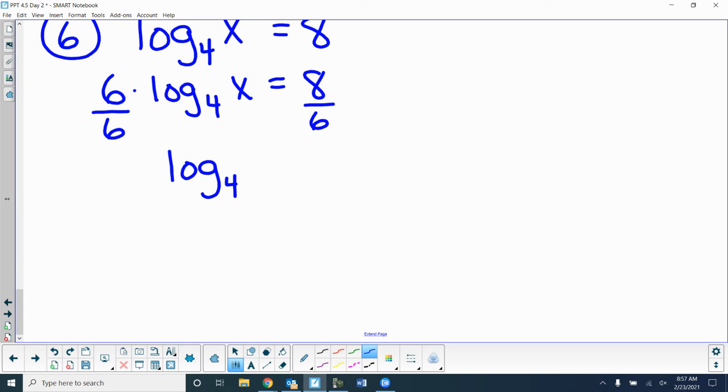Log base 4 of x is 4/3. So then x equals what? 4 to the 4/3, yeah.